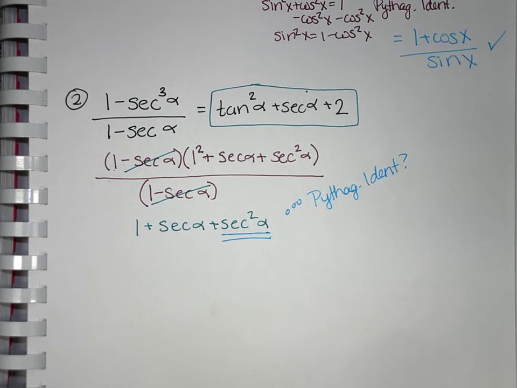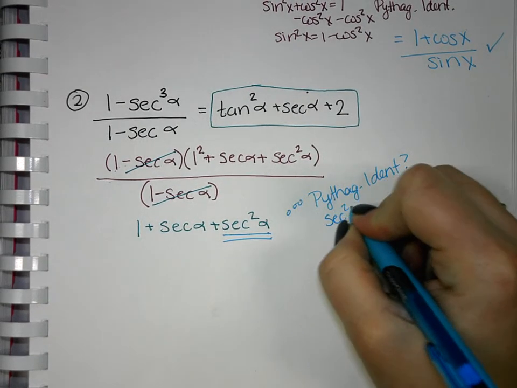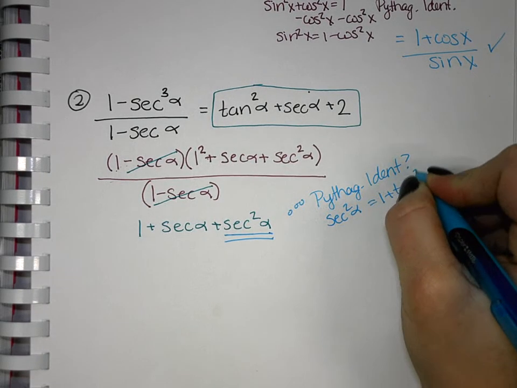So if we think back to what is our Pythagorean identity. Our Pythagorean identity says that secant squared alpha equals 1 plus tangent squared alpha.